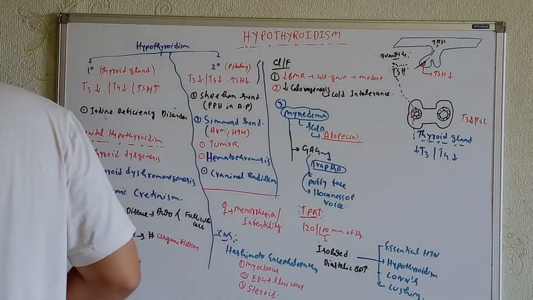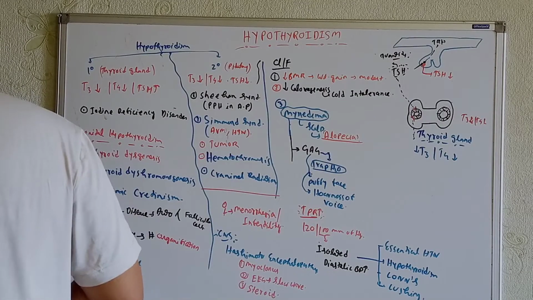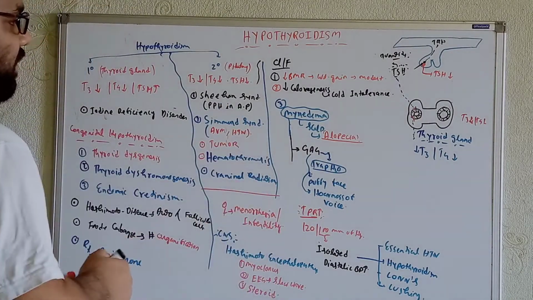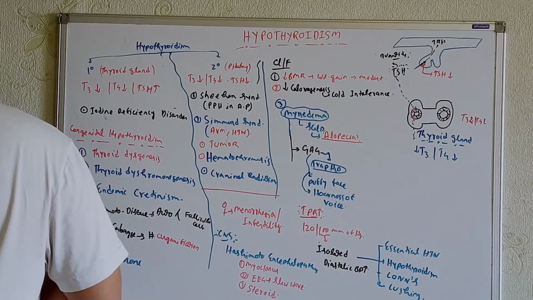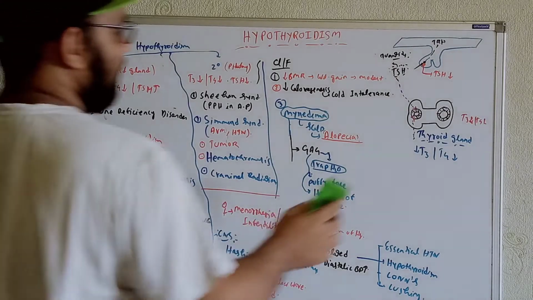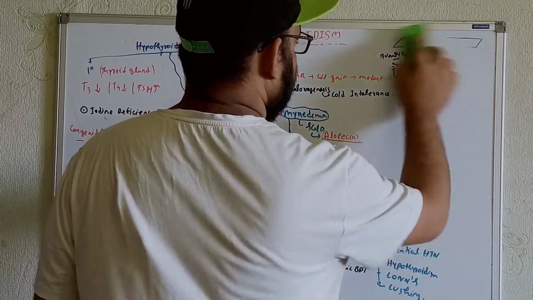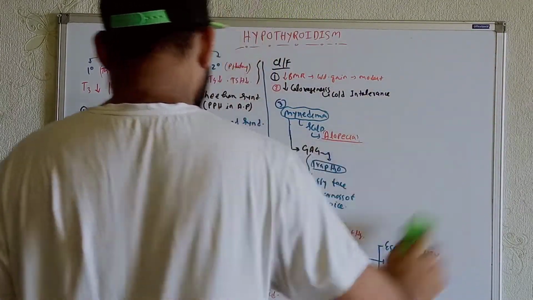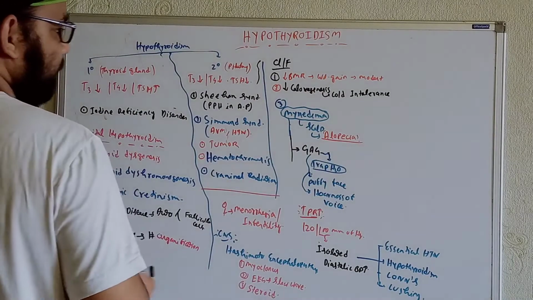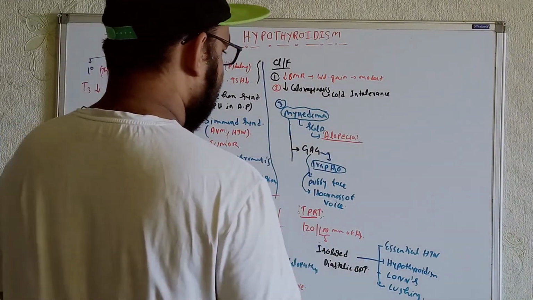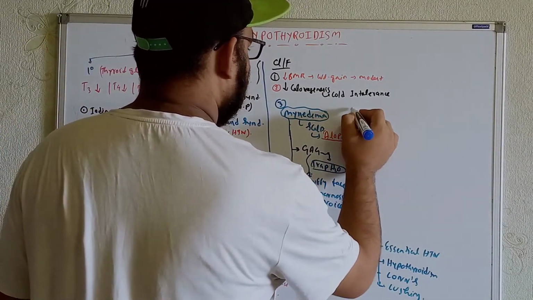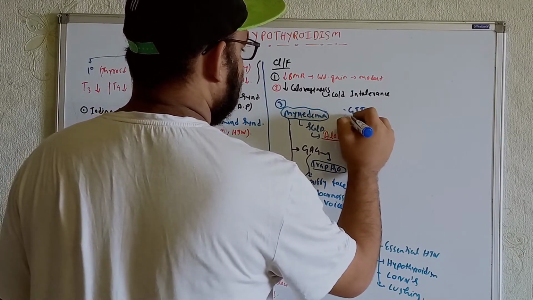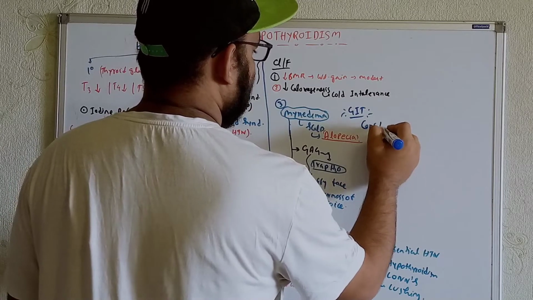Now we'll talk about another problem in terms of the clinical manifestations of hypothyroidism. We can also get problems at the GIT level, and in terms of the GIT you will get constipation. Why am I saying so?